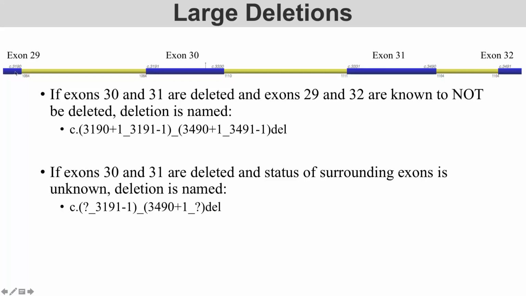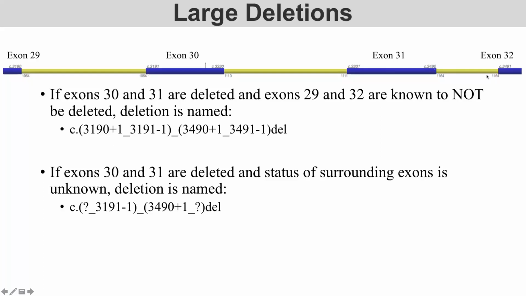So you're saying anything between 3190 plus 1 up to 3191 minus 1 is the boundary of where I know my deletion is starting, and I know it is ending somewhere in this intron, so anywhere between 3490 plus 1 up to 3491 minus 1.